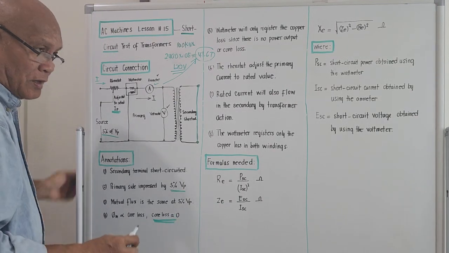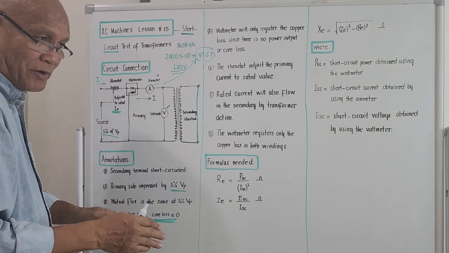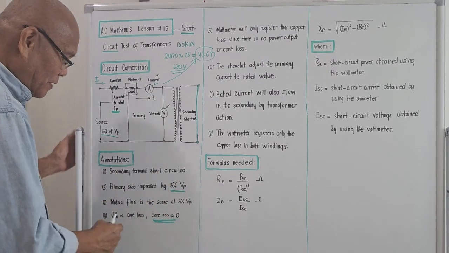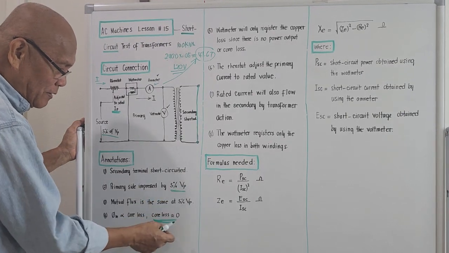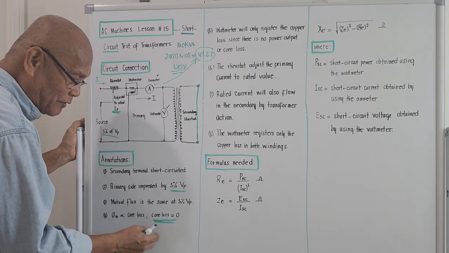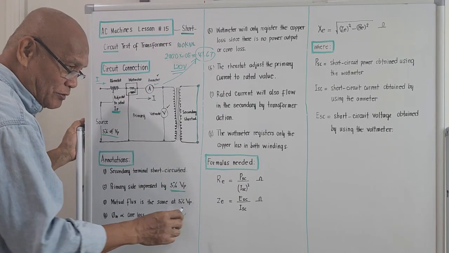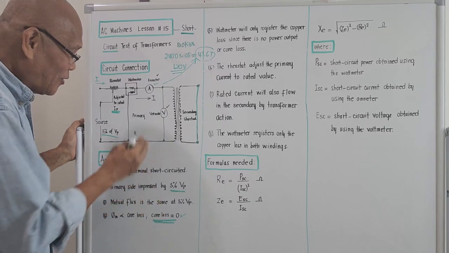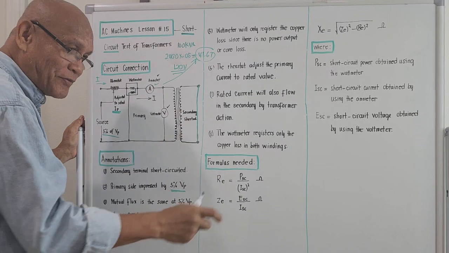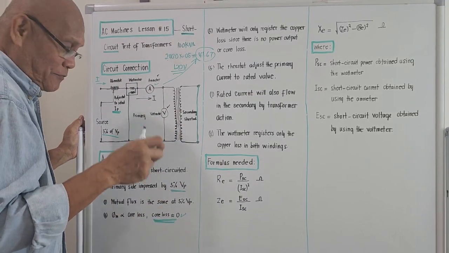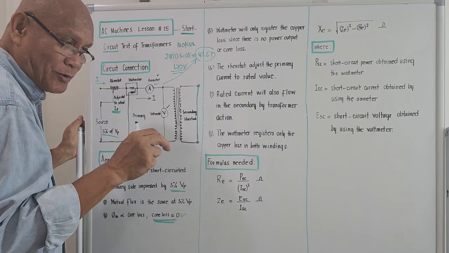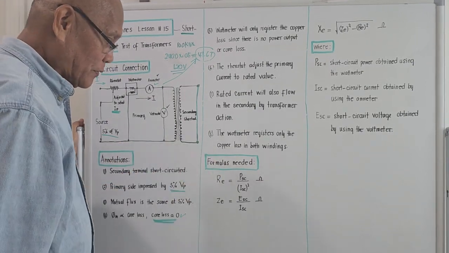Core loss is the loss due to the lamination, the movement of the flux and the conductor, right? So at 5% BP, engineers performing the short circuit test tell us that the core loss is 0. So if the core loss is 0, what will be registered on the gadgets on the primary only refers to the so-called copper loss, the loss due to the winding of the transformer, due to its resistance and reactance.